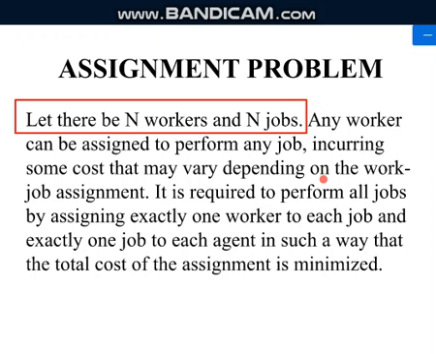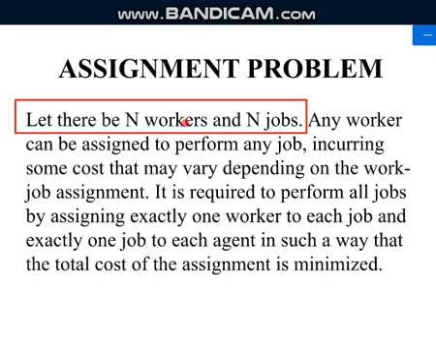Okay, so you will have n workers here and n jobs here. What is your job is, you have to assign each job to each worker in such a way that the cost of assigning is low. Is that clear?